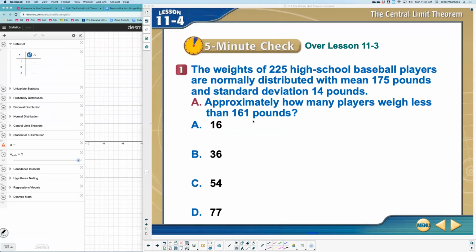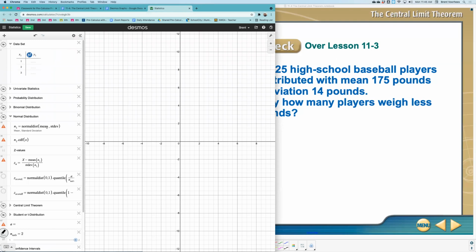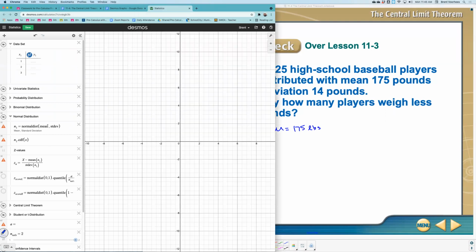And so for the normal distribution, one thing we've done is to simplify things. I have it plugged in here, and we could find out all of the information we need by saying, okay, our mean here is 175. The mean, that's the symbol mu, if you remember, 175 pounds. And so I'll put that in as my mean, 175.